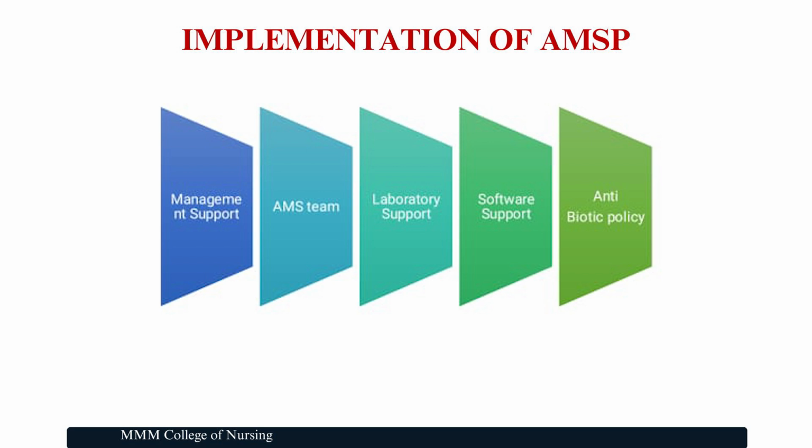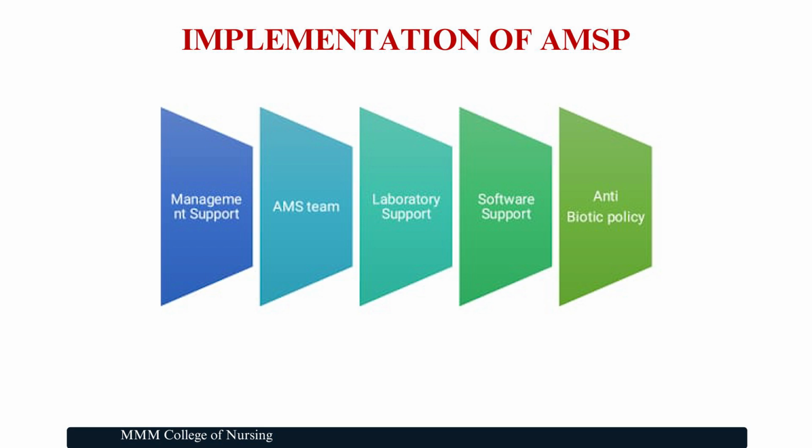The third one is laboratory support for early detection of pathogens and reporting the antimicrobial susceptibility so that the treatment can be directed to use specific antibiotics. And the fourth step is software support. Surely we need technical support. The hospital computer network can use the hospital information system and laboratory information system. It helps in rapid dissemination of information regarding the emergence of drug resistance.